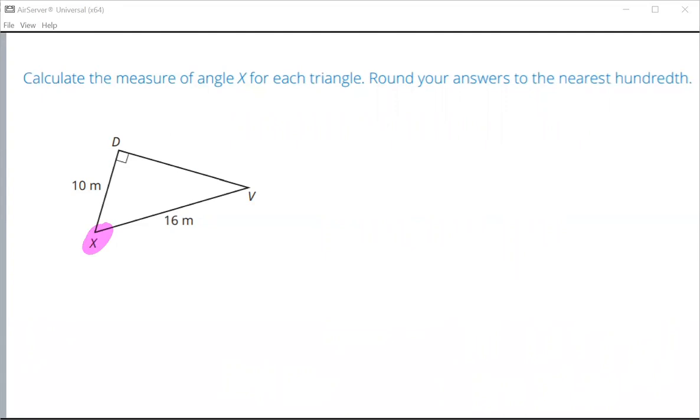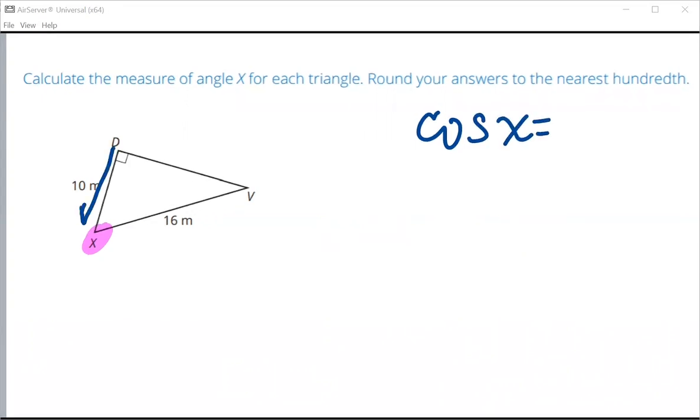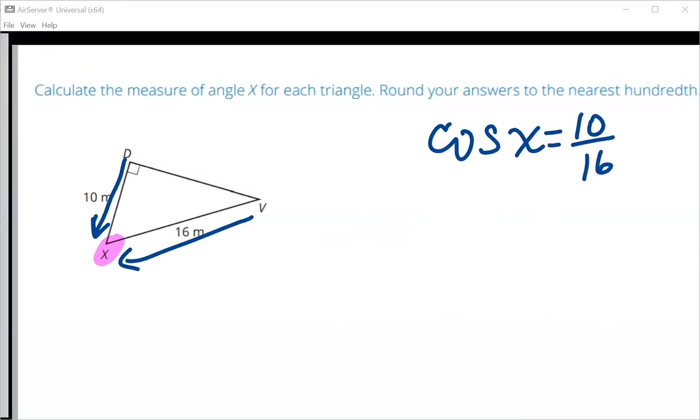And so we begin by finding the cosine of X. Cosine of X is our adjacent, which is 10, over our hypotenuse, which is 16. And so then we have the inverse of that.